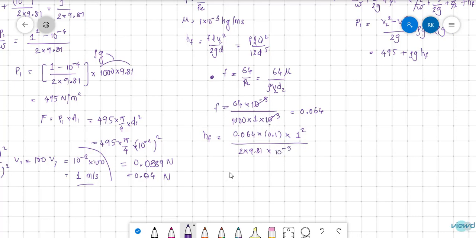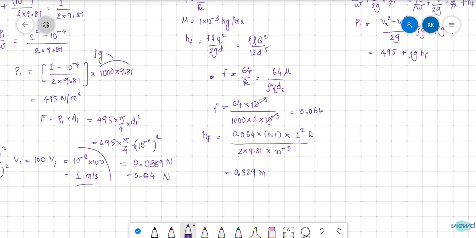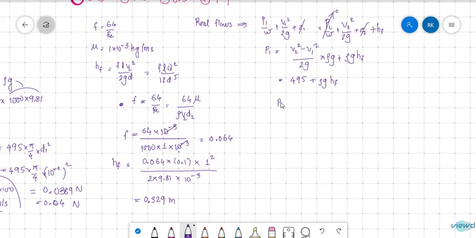So HF we will get as 0.329 meter. So P1 is equal to 495 plus 1000 into 9.81 into HF, which is 0.329. That will be P1 is equal to 3719.089 Newton per meter square.